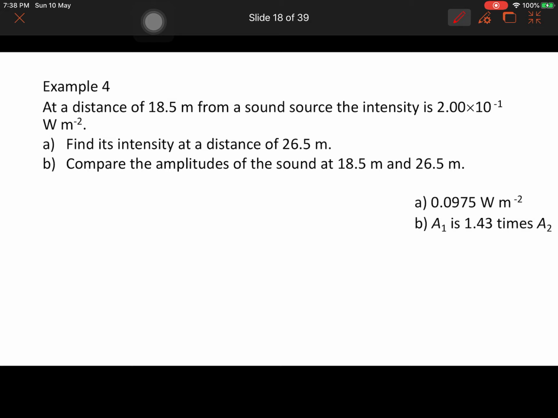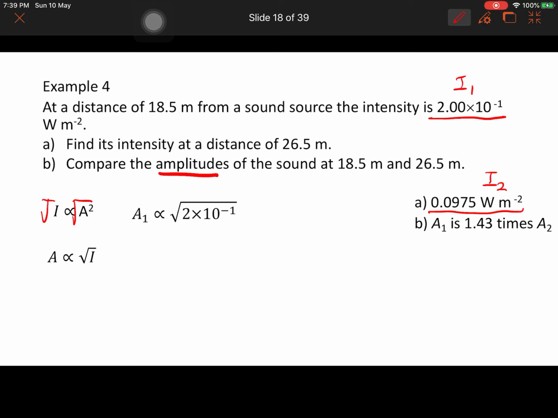Now how do I compare the amplitudes of the sound? You know that the intensity is proportional to amplitude square. I've already found the intensity at 18.5 meters and the intensity at 26.5 meters. I'll call that I1 and I2. I want to compare amplitudes, right? So I'm going to make it such that amplitude is proportional to square root of I. Basically, I'm square rooting both sides.